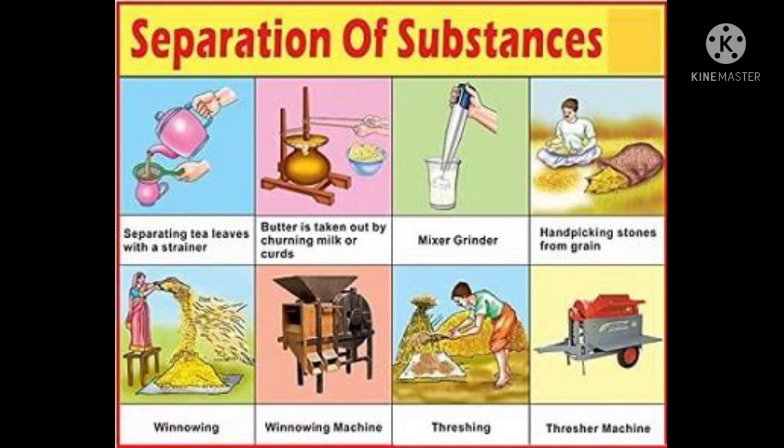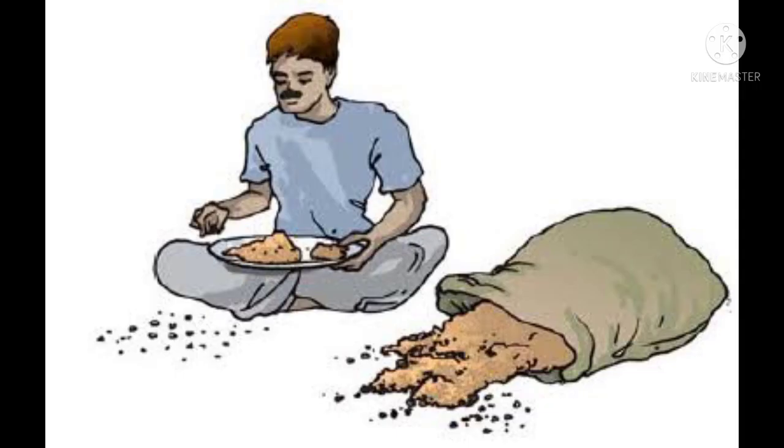Methods of separation. To separate substances in a mixture, different separation methods should be implemented based on the size, solubility, density, weight, etc. Hand picking. This method of separating substances from a mixture using hand is called hand picking.